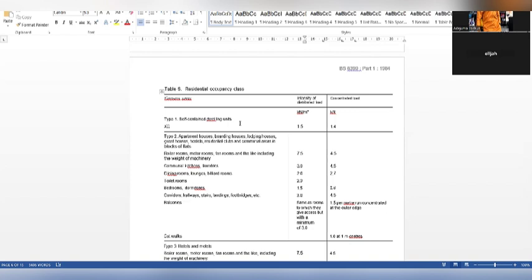So when you see that now, we have the boiler rooms, motor rooms, fan rooms, and the like, including the weight of machinery. So in this case, you discover that the live load has increased. Why? Because of the purpose of that structure. Now it is 7.5 kilonewton per meter.